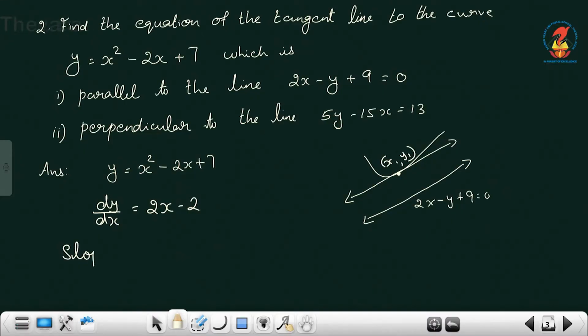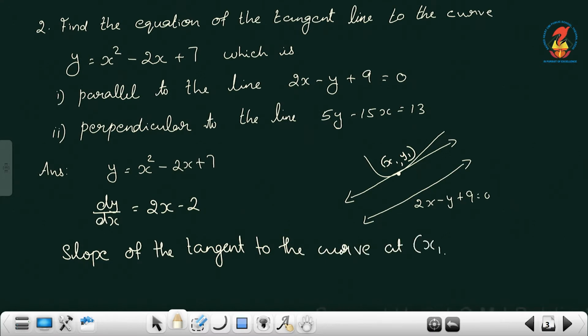So, slope of the tangent to the curve at x1, y1 is dy by dx at x1 comma y1.